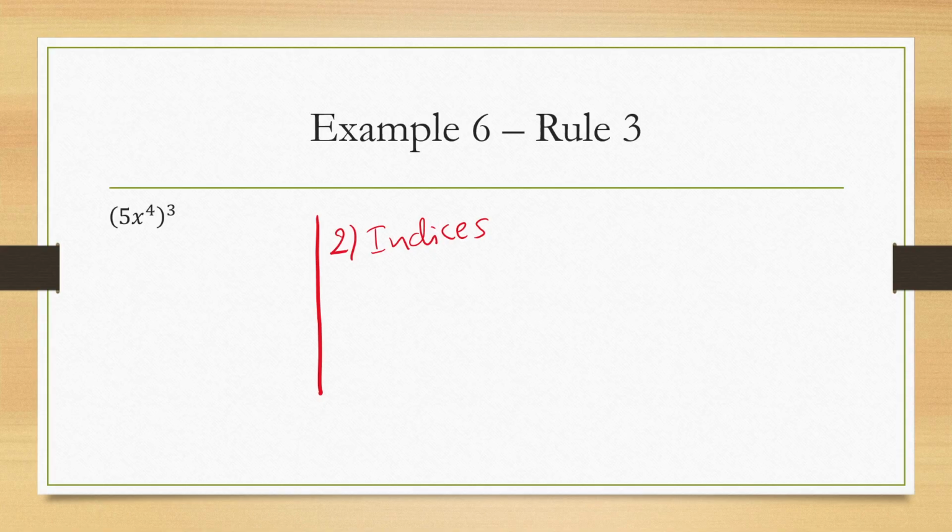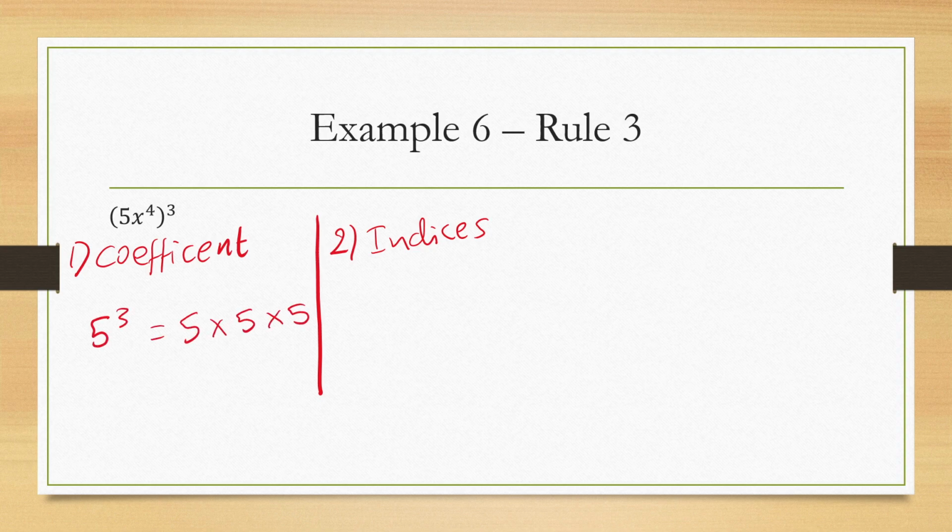Let's look at example 6. This is rule 3. So this is power, using the power. So first you need to look at the coefficient. When looking at the coefficient, it's going to be 5 to the power of 3, which is the same as saying 5 times 5 times 5, which is the same as saying 25 times 5, which is 125.